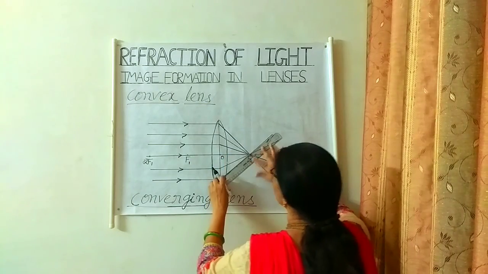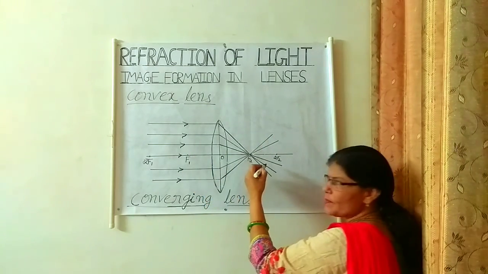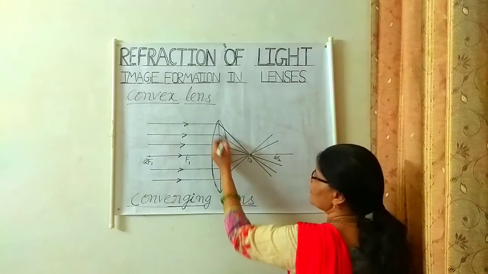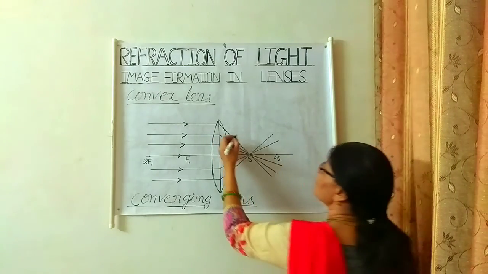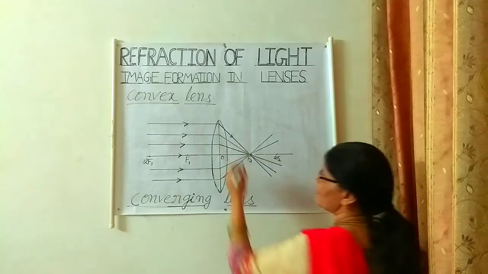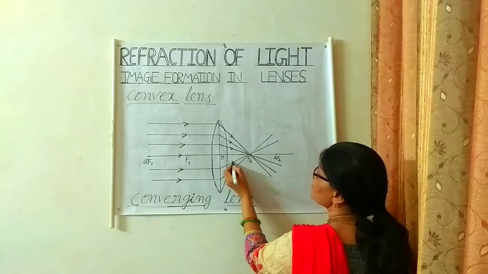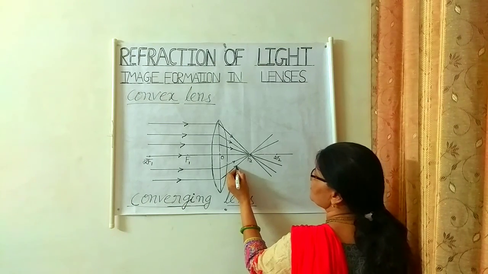So all these rays, when they are parallel to the principal axis, the refracted ray will pass through the principal focus, and the arrow of refracted rays should be in this direction.